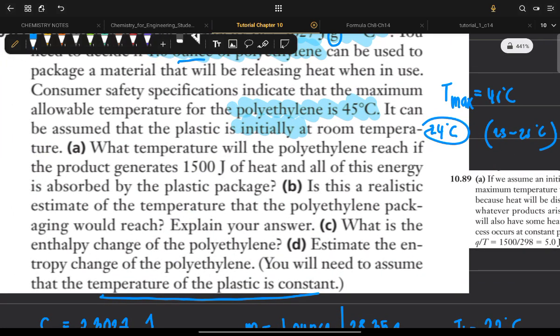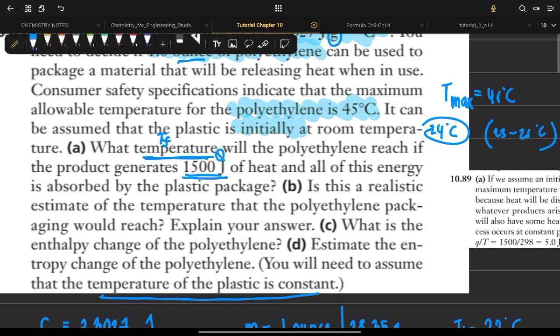So part A asks, what temperature will the polyethylene reach? We know this is T final. Will the polyethylene reach if the product generates 1500 joule?